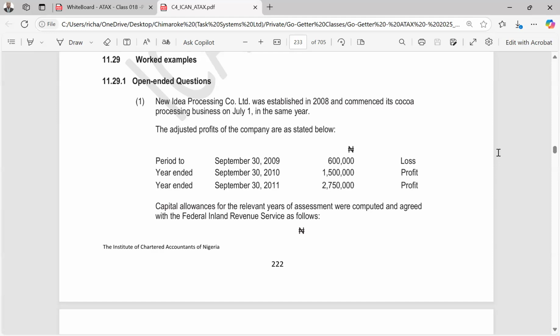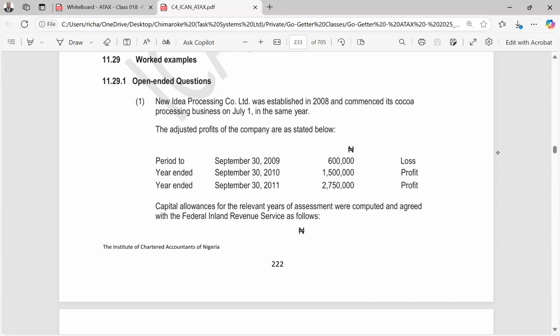Now, this is the period to September 2009. So it's obvious here that the account year end is September 30. And this is a loss, this is a profit, and a profit.